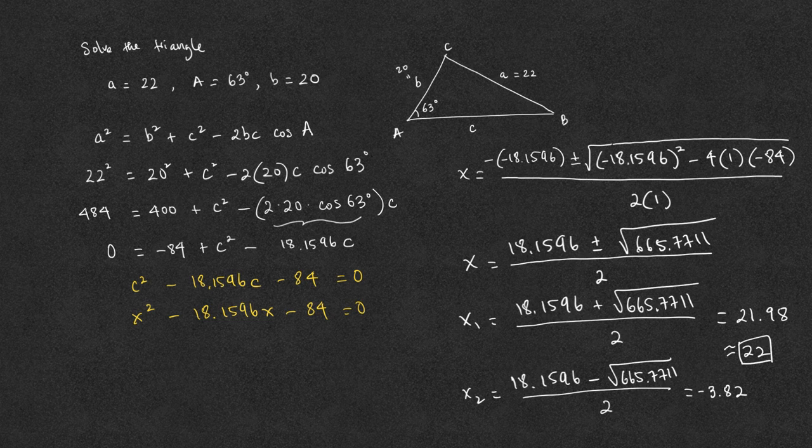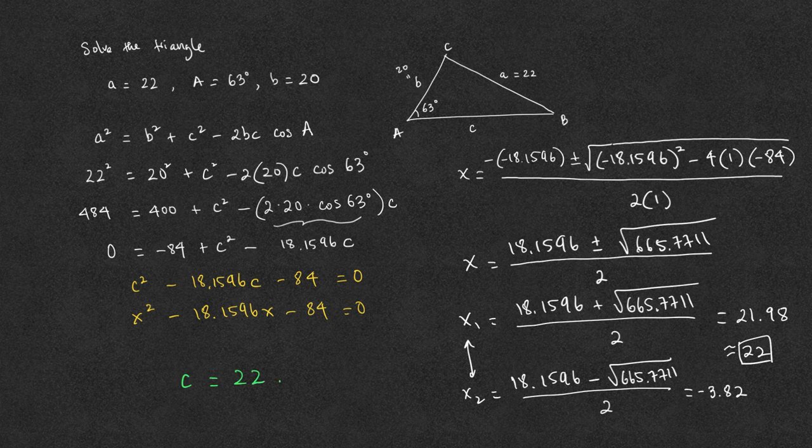This x, either x1 or x2, represents c. c is the length of the triangle, so it cannot be negative. So the only possible c is that c equals 22. And so we found it. The length c is 22.